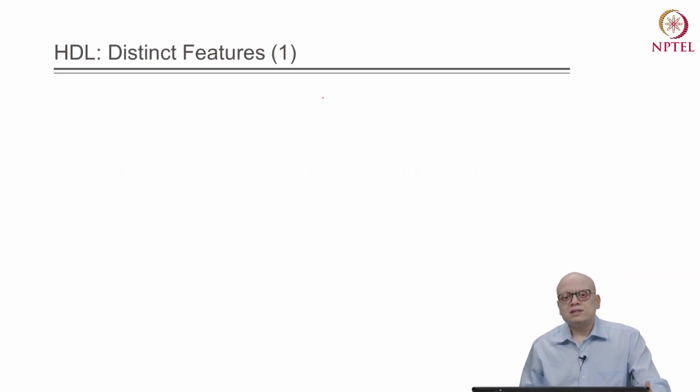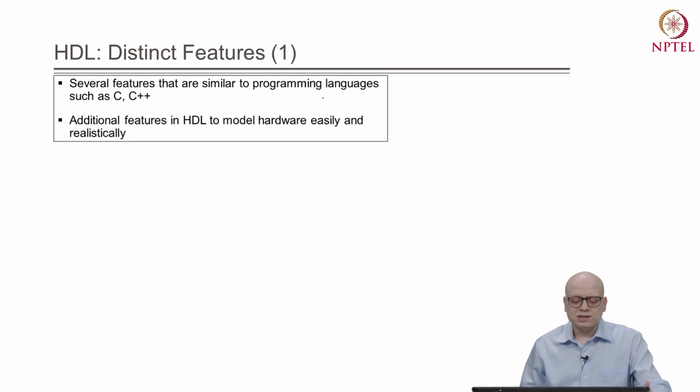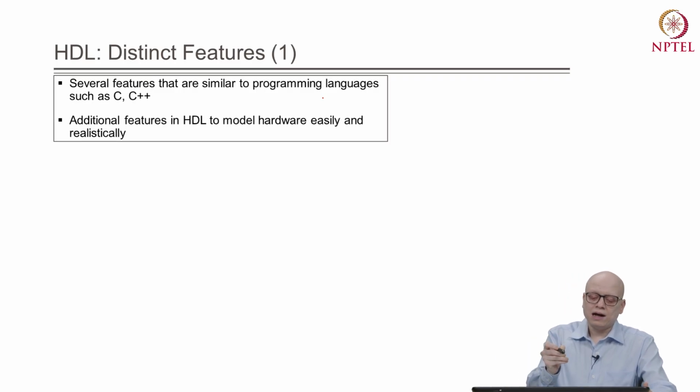Now, let us first understand what are some distinct features of hardware description languages compared to other high-level programming languages. Several of the features of hardware description languages are basically the same as other high-level programming languages such as C and C++.